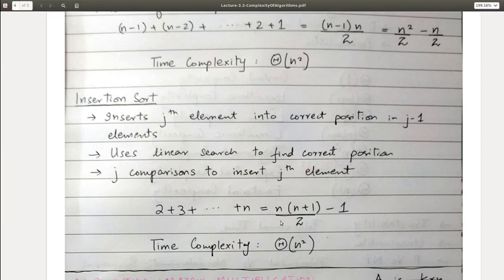And so this is a quadratic function. The first term is going to be n squared over 2, the second term is going to be n over 2, and the last is 1. So this is a quadratic function, and so this is big theta of n squared.